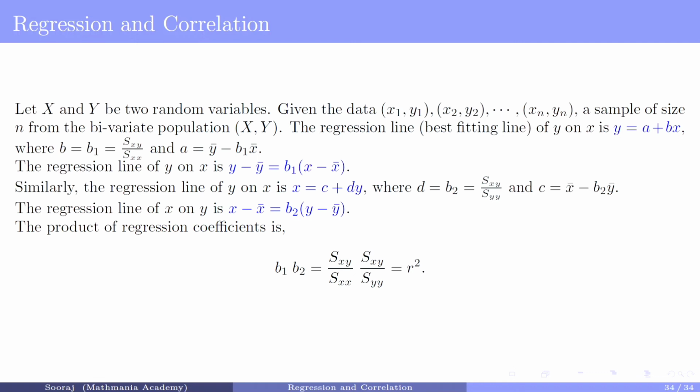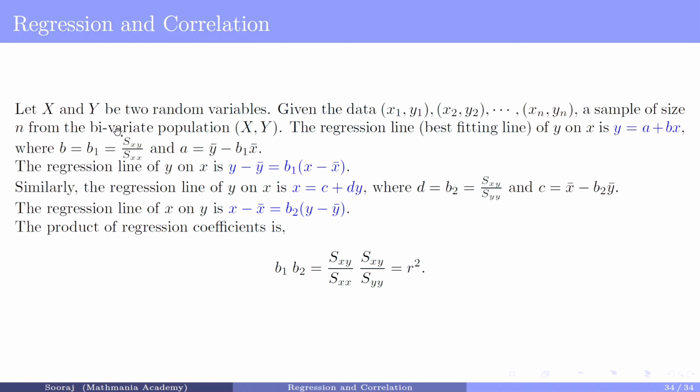Consider X and Y as two random variables with bivariate data given. The regression line is of this form. Here we calculate b and a in terms of these three quantities Sxx, Sxy and Syy. This one we take as b1.